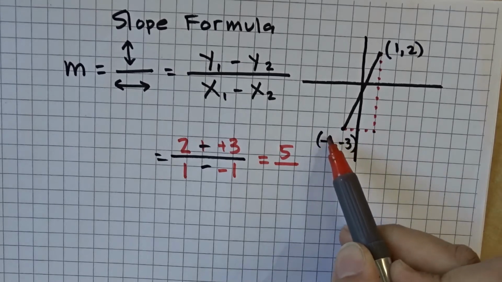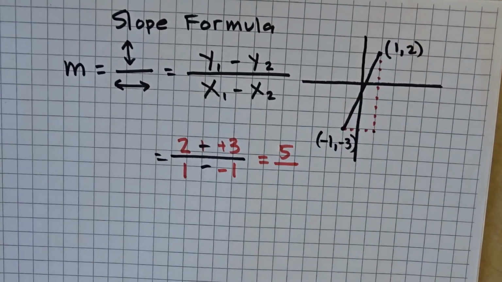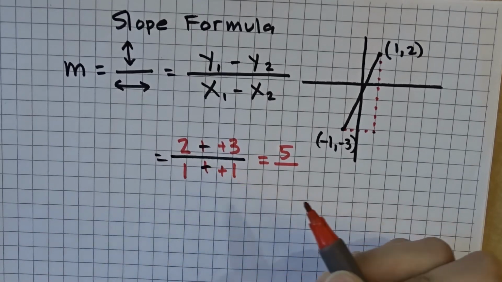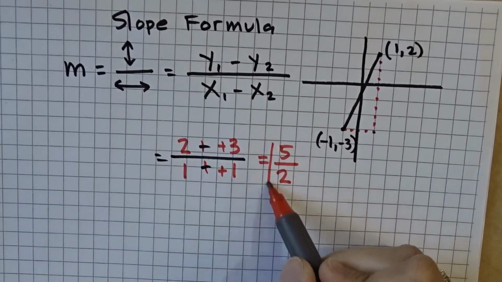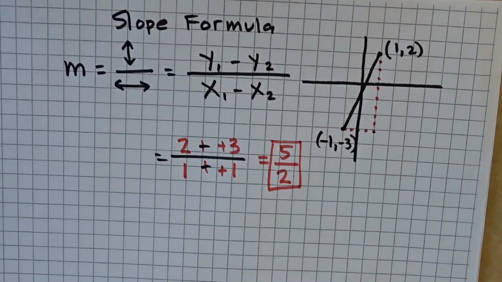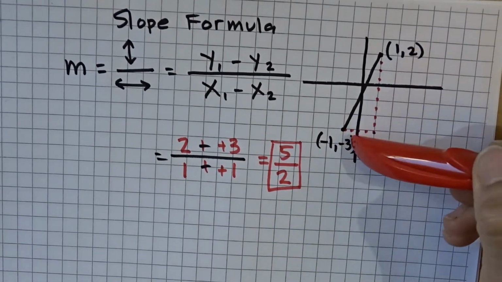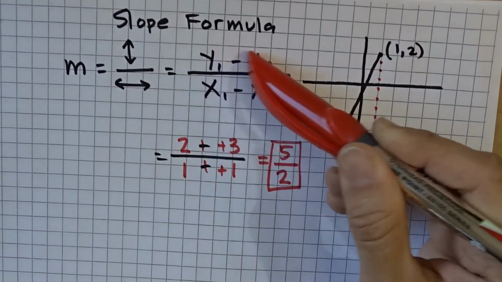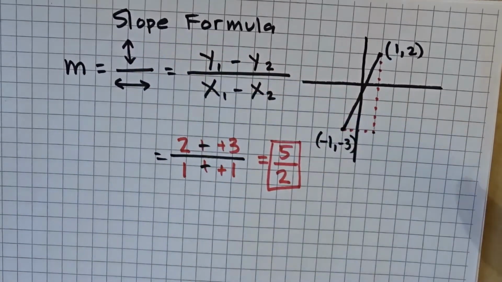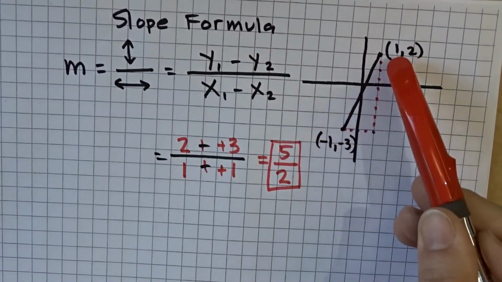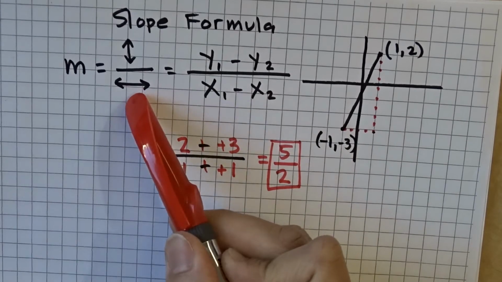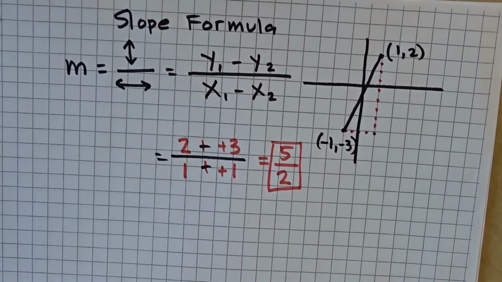That's this x coordinate to this x coordinate. That distance is 2. And then mathematically over here, you add the opposite and you still get 2. So that's how the slope formula works. It allows us to use the y coordinates to find the vertical number, and it allows us to use our x coordinates to find our horizontal value without having a graph.